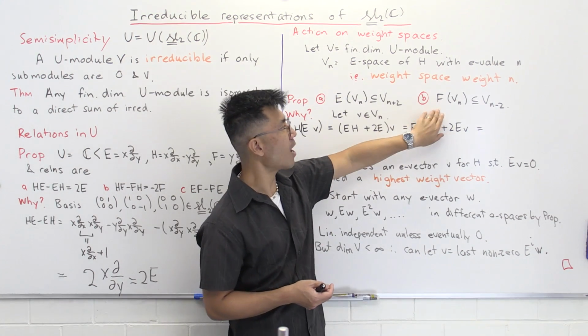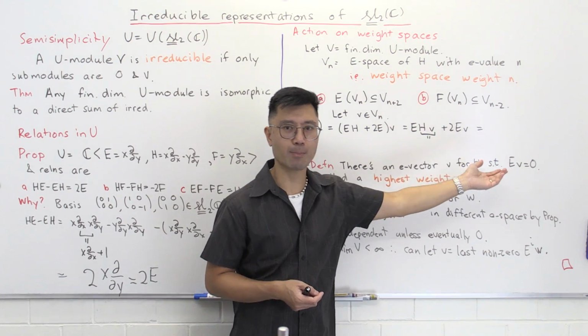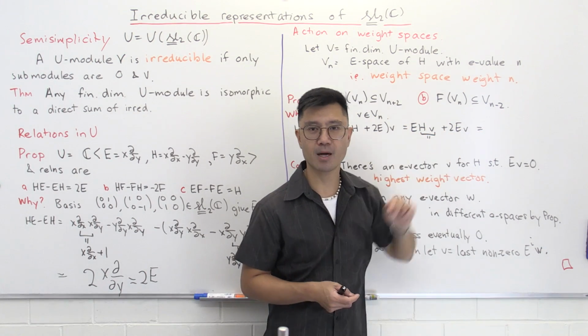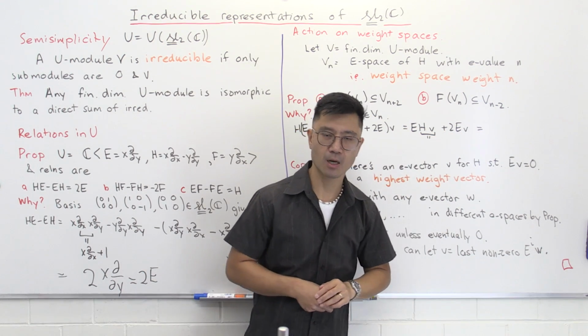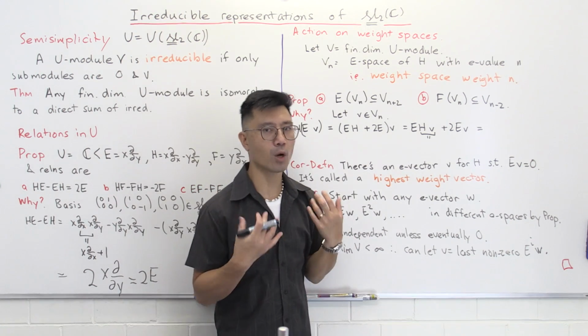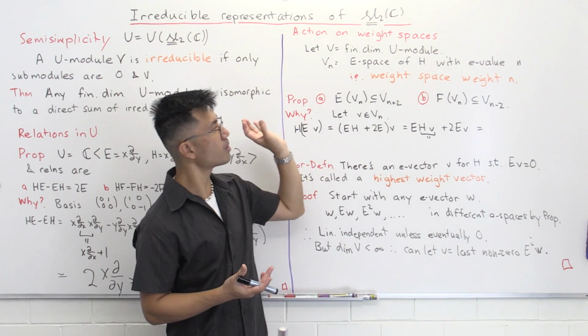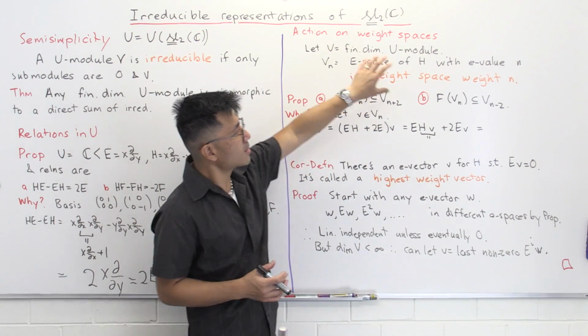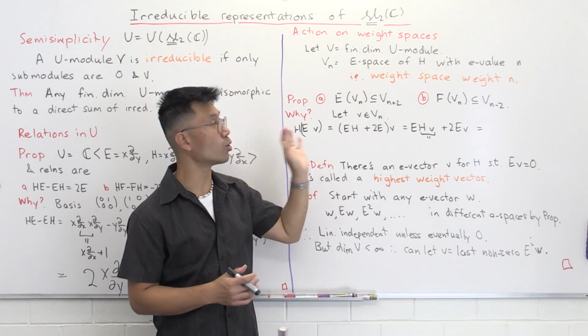What does F do? F shifts these weight spaces back instead. It sends Vn into Vn minus 2. If you remember the quantum harmonic oscillator, you'll see a similar phenomenon there, and it's the same type of calculation which I want to show you now.